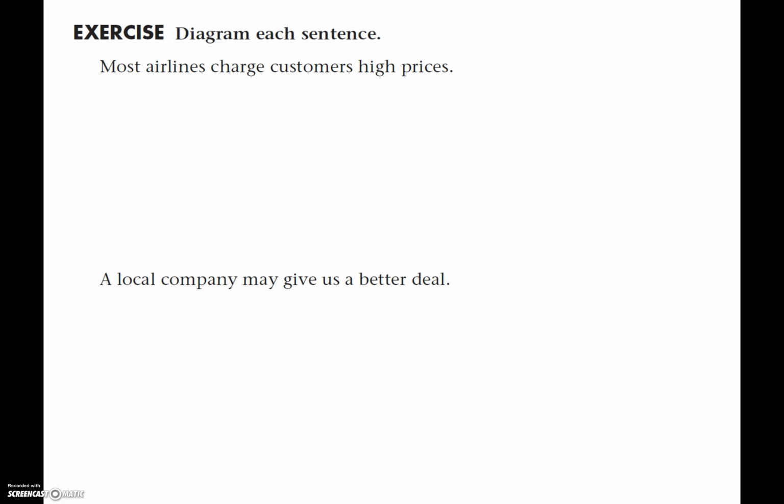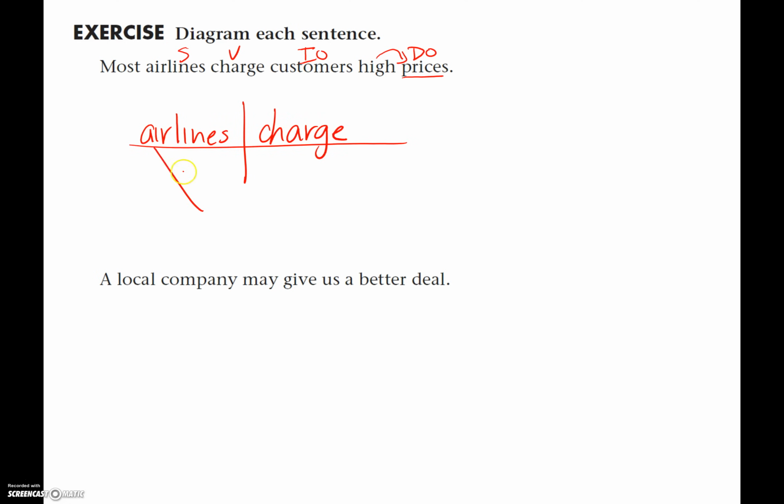All right, so for the first one, most airlines charge customers high prices. Airlines charge is our subject and verb. They are charging high prices, so that's our direct object. High is describing the prices. Customers are the people who are being charged the prices, so that's an indirect object. When we diagram this one, we have airlines charge with the most under airlines.